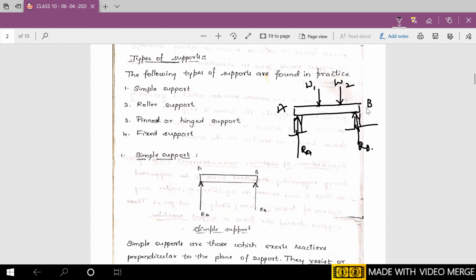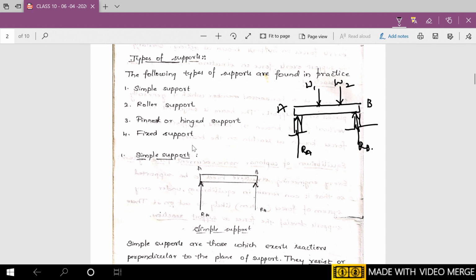While studying the different types of support, you have to remember that there are four types. Every type of support has one representation, as well as a number of reactions acting on it. So you have to remember its representation. Depending on the representation in the problem, you have to identify what type of support it is, and depending on that conclusion, you have to give the support reactions.